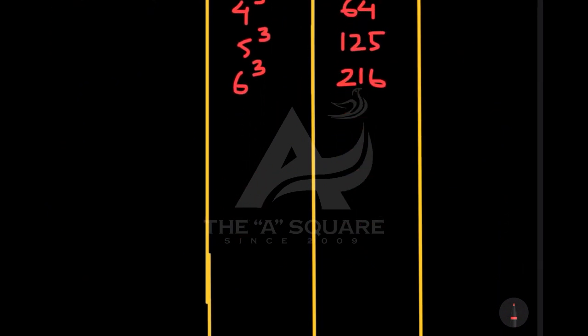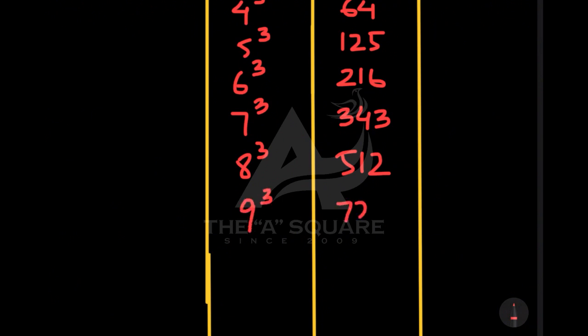Those who haven't learned them, you need to memorize them, which will help you with your solutions. 7 cube is 343. 8 cube is 512. 9 cube is 729, and 10 cube is 1000.